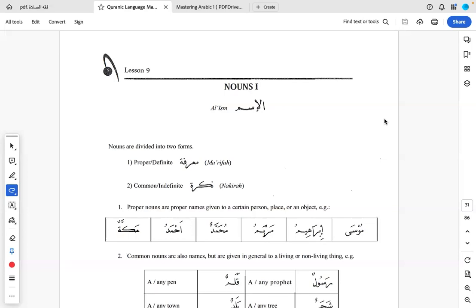Today we're going to talk in more detail about some very important features of nouns that we need to keep in mind. Why do we need to be able to differentiate between nouns, verbs, and articles? Simply because this will help us a lot later on to understand the words or the sentences that we are reading.